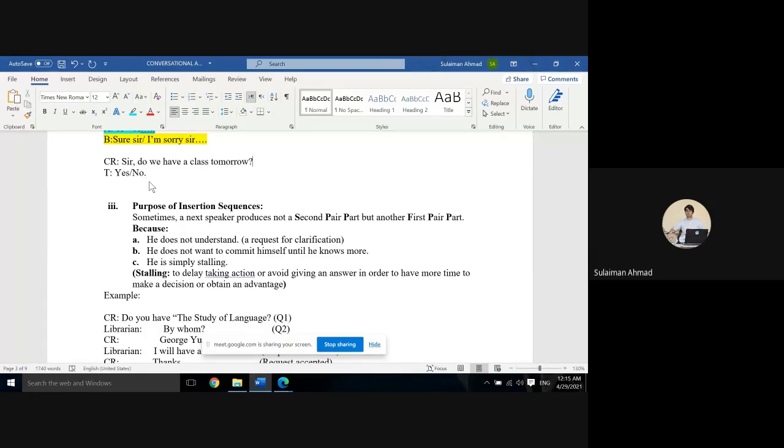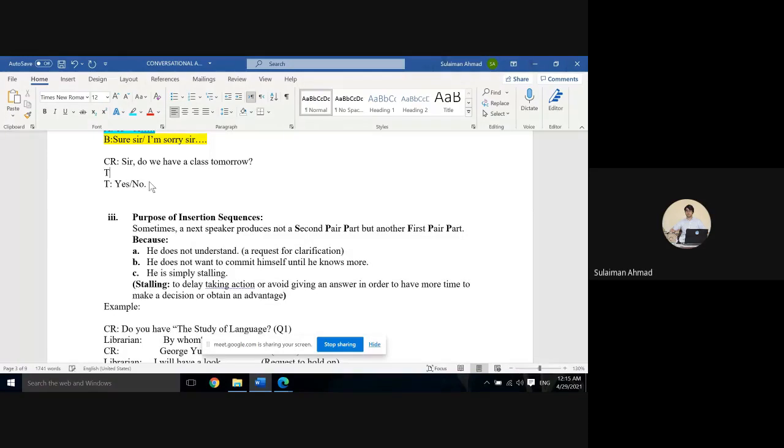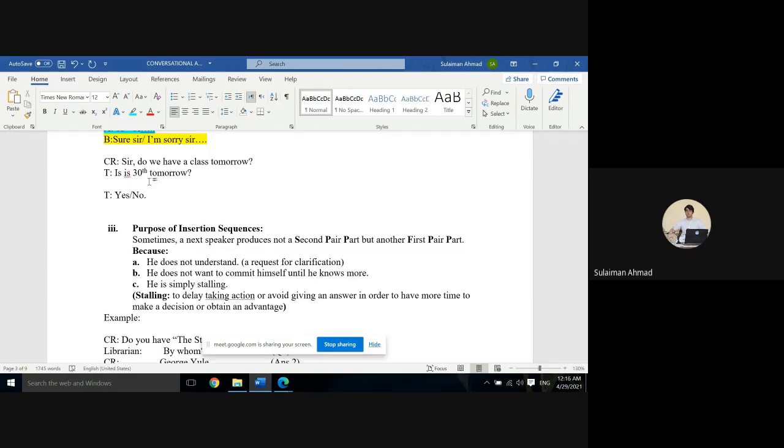But in between, there might be insertion sequences. The teacher may say, what day is it? Or, is it 30th tomorrow? Is it 30th tomorrow, right? The CR will reply, yes.